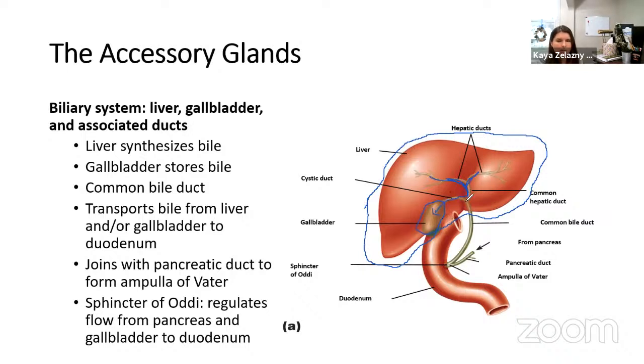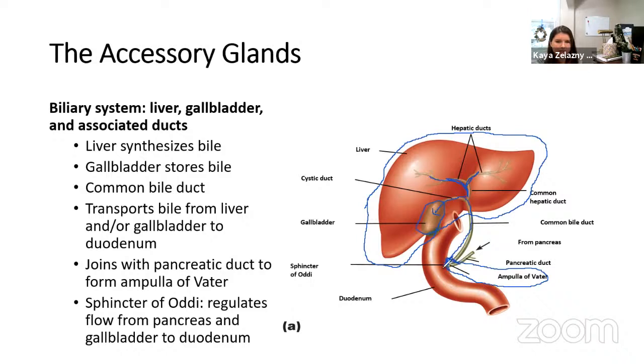When we want to use our bile salts to help us digest fats, the bile is going to move through the common bile duct. It's going to go into a common structure with the pancreas. It's called the ampulla of Vater, right? So that's this joining point of the pancreatic duct and the common bile duct.